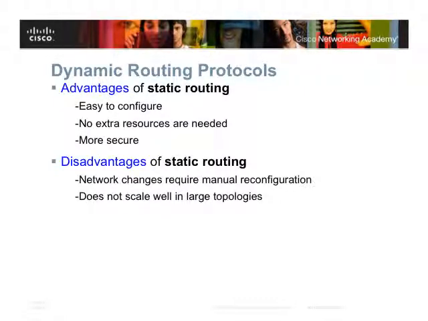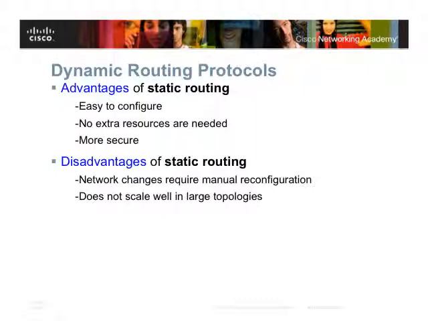However, there are fundamental disadvantages in static routing protocols that prohibit the wide usage of these protocols in typical networks. Because network changes require manual reconfiguration. So if I have a network like the one in the university here, it's a very large network.